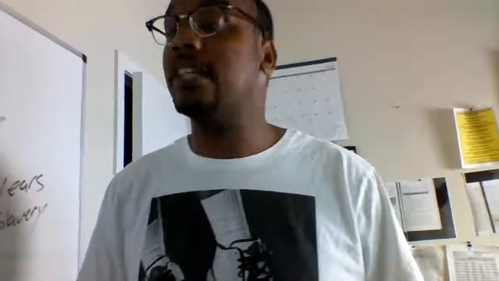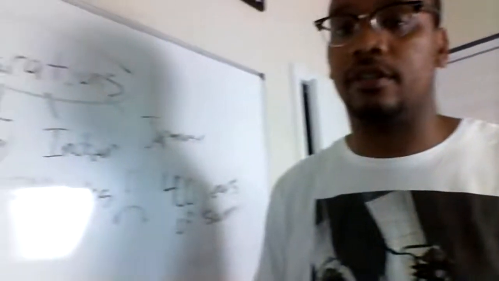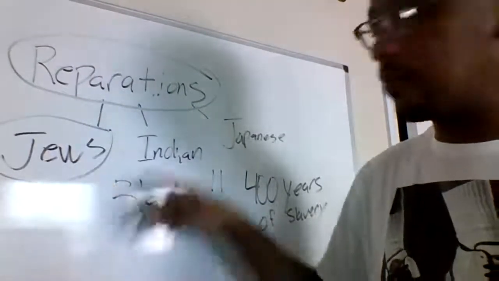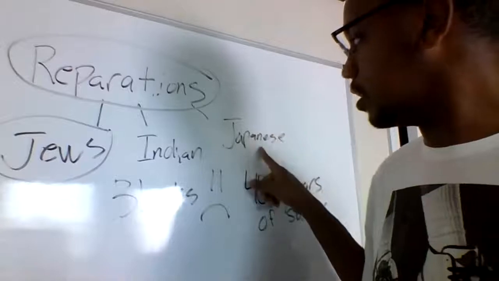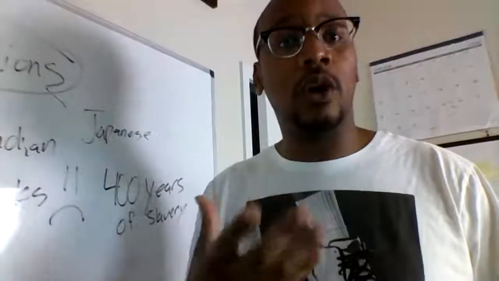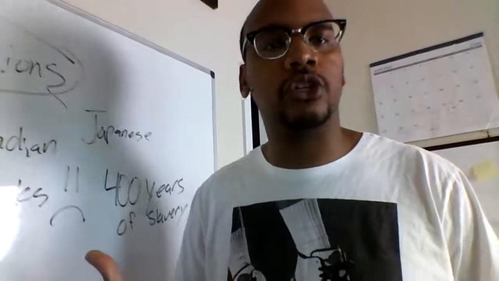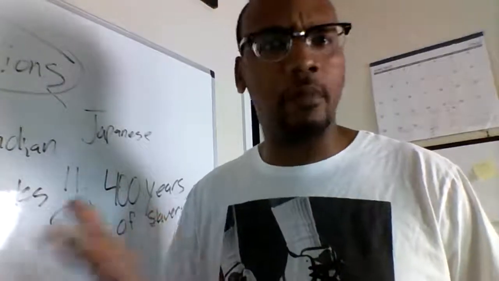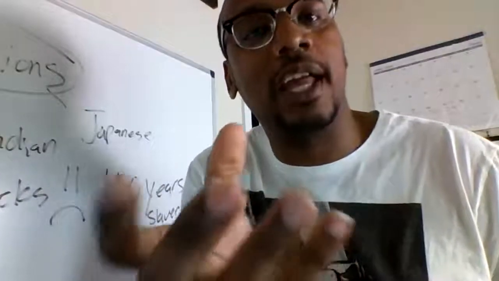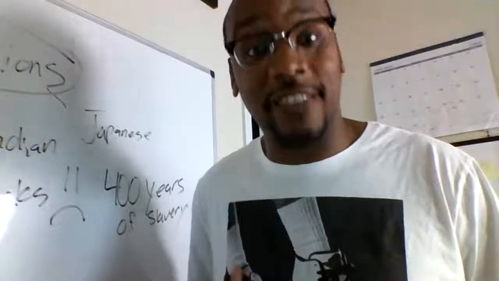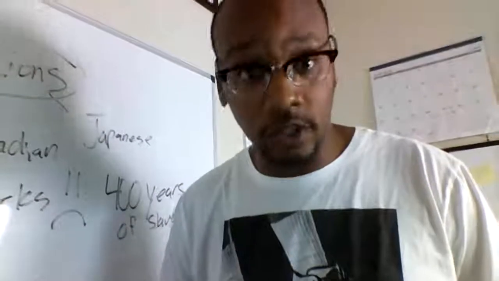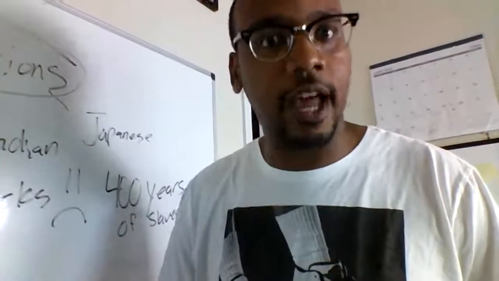So I just wanted you to learn the word reparations. Right? Jews, like I said, Jews got reparations. Indians got reparations. Japanese got reparations. All of these people got reparations. And you wonder, why are those people so much richer than black people? Why do they have more money than black people? It's because their people got paid reparations for when they got done wrong. If they were to pay black people reparations, you would be like, man, black people starting to have a lot of money now.